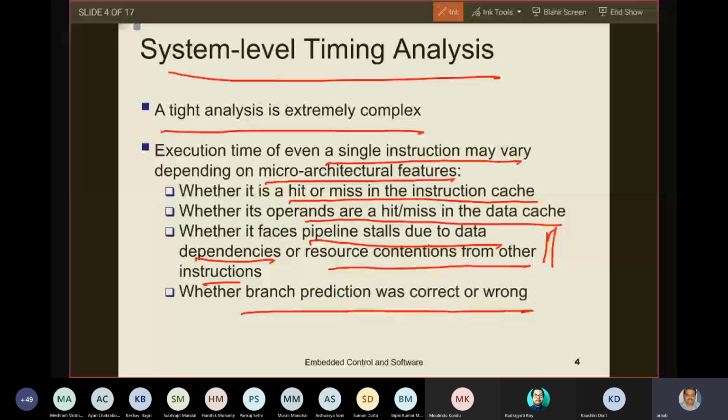Then that instruction has to be flushed out, and you have to go and execute the instructions in the false path. So if your prediction is wrong, it takes more time. If your prediction is correct, then it goes on.